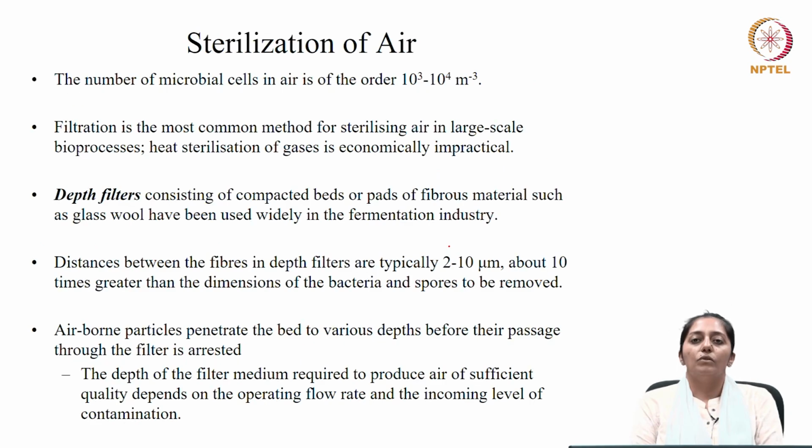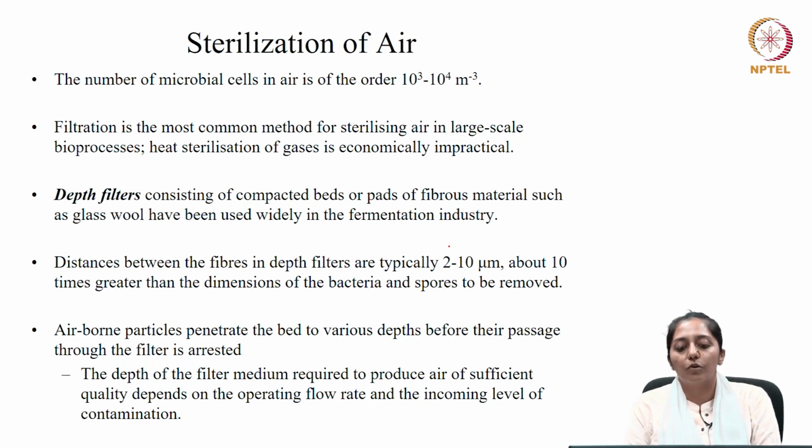So, after talking about the filtration of liquid medium or sterile liquid using steam sparging, even the air is being sparged in the fermenter. Now, this air which is being continuously sparged inside the fermenter also must be made sterile to avoid any contaminations during the fermentation process.